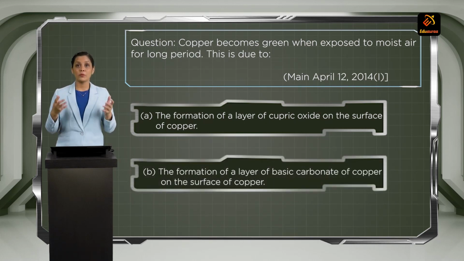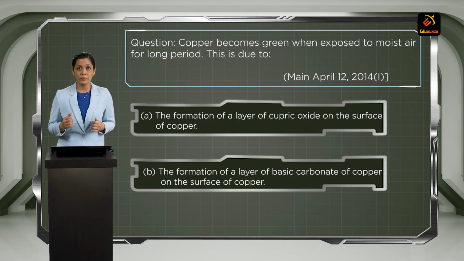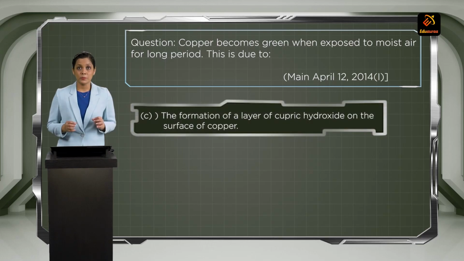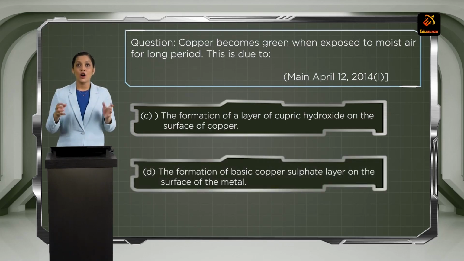Option B, formation of a layer of basic carbonate of copper on the surface of copper. Option C, formation of a layer of cupric hydroxide on the surface of copper. And option D, formation of a layer of basic copper sulfate on the surface of metal.